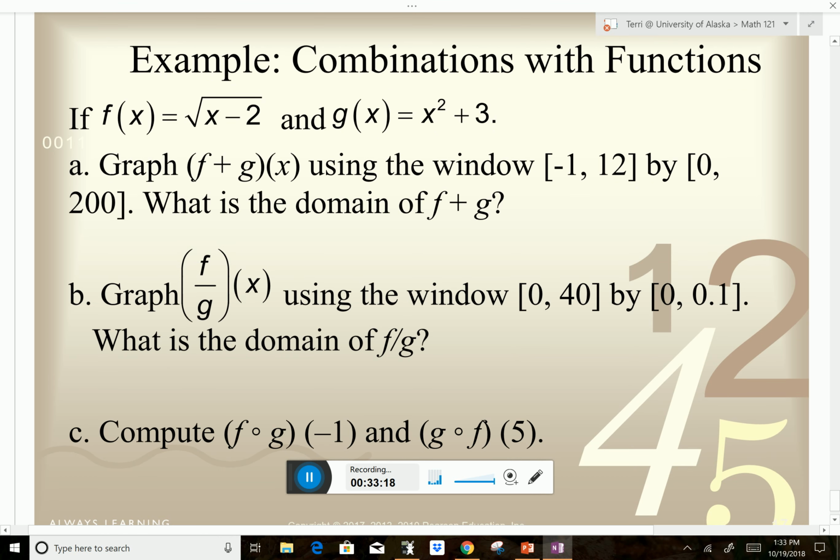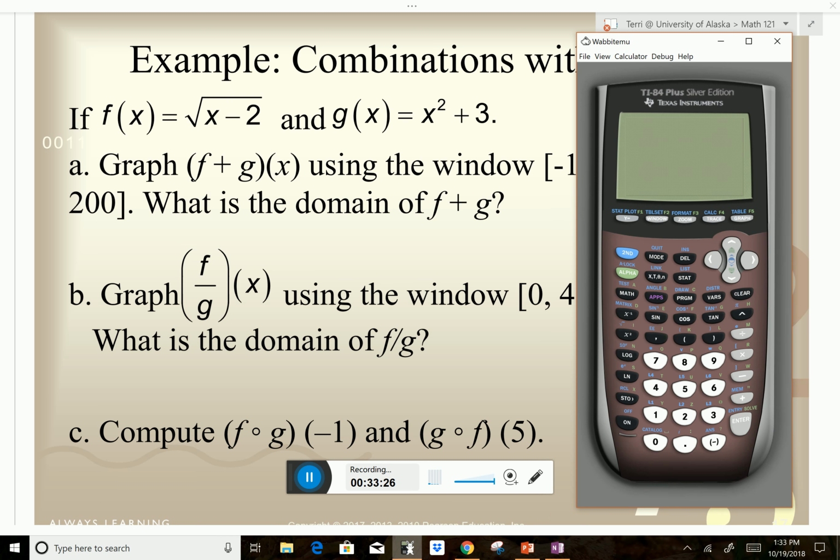So going back to one of my first examples, f of x equals the square root of x minus 2 and g of x equals x squared plus 3. So let's put these in for y1 and y2. The square root of x minus 2. We'll just delete the rest of this.